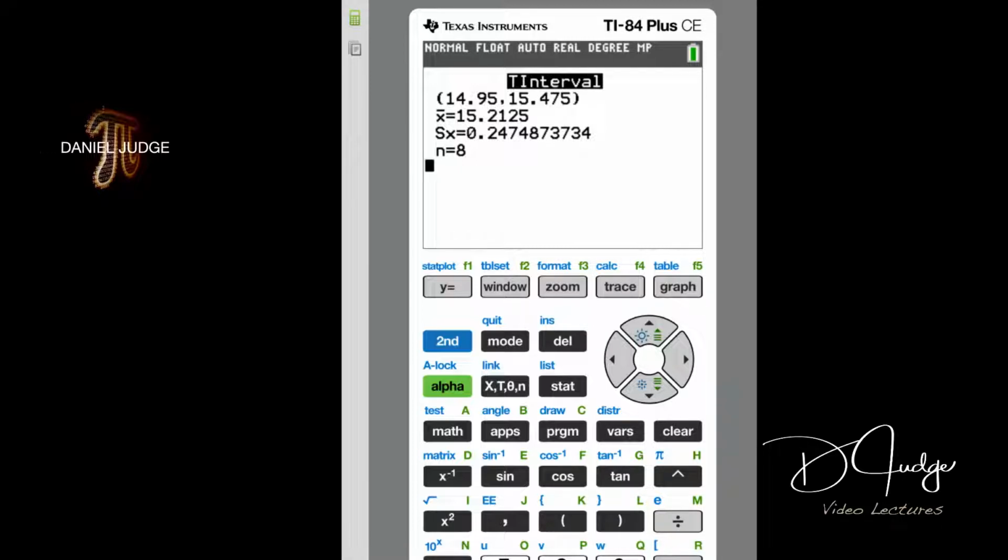Sample standard deviation, go out to the thousandths, 0.247 here. The sample size is 8. So this gives me the sample information, even though I didn't ask for it. But it also gives me the confidence level information: 14.95 less than mu less than 15.475.